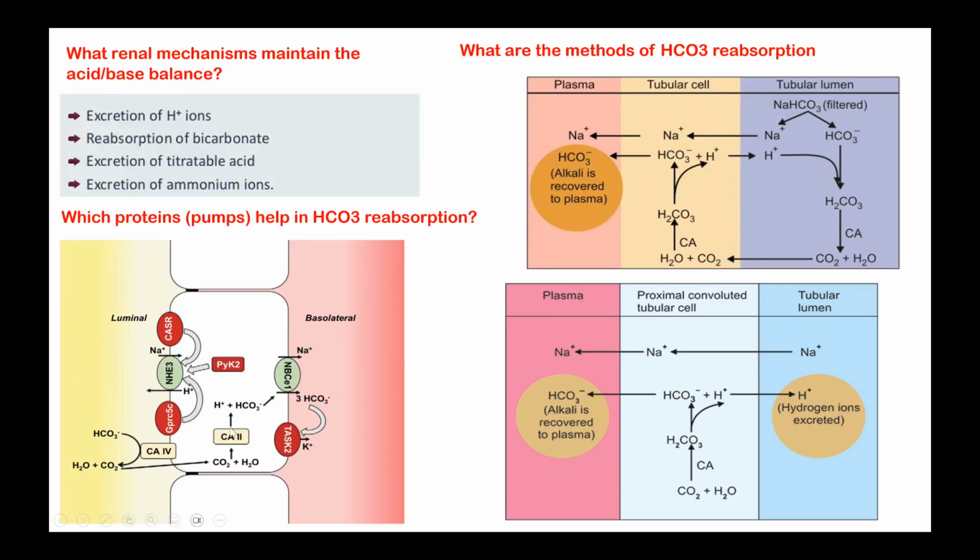And in carbonic anhydrase itself, you have several varieties. What is converting the carbonic acid into hydrogen and bicarbonate at the cellular level is called carbonic anhydrase 2. Whereas the one which is converting carbon dioxide and water into carbonic acid at the luminal level is called carbonic anhydrase 4.